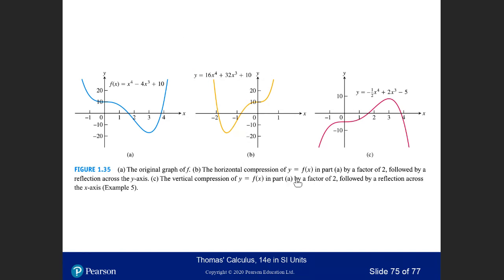Okay, that's the figure of the function f of x is equal to x to the 4 minus 4x cubed plus 10. Since x to the 4 is dominant, this is negative, and at x is 0, it's equal to 10, it goes like this. Now, the first case is the original function, case A. In case B, what did we do?